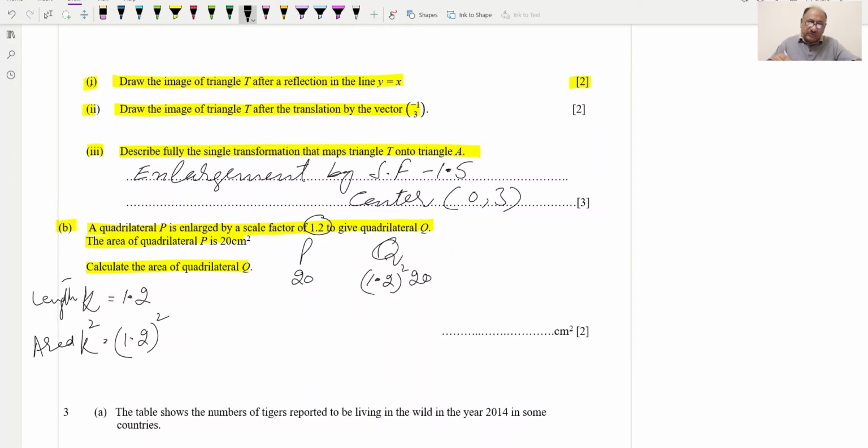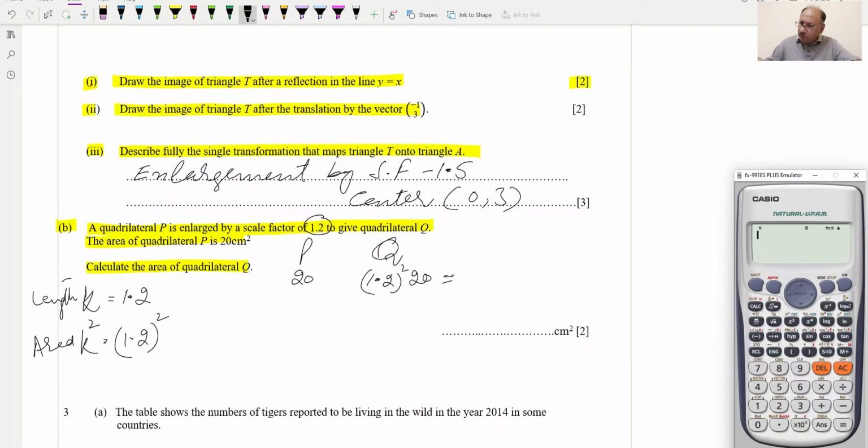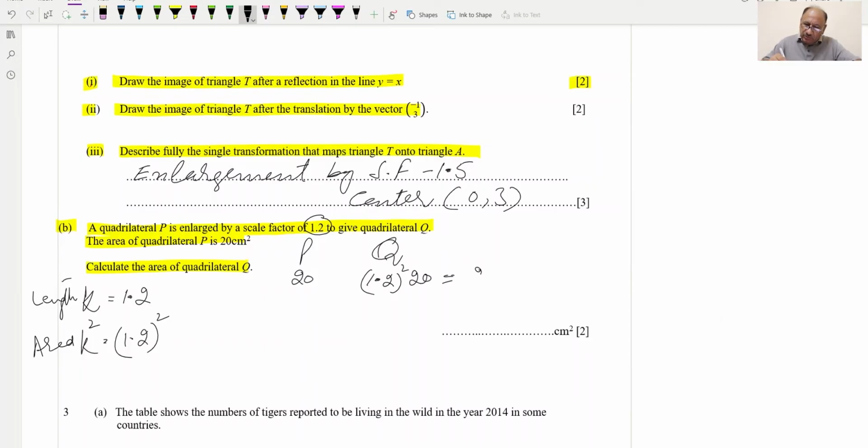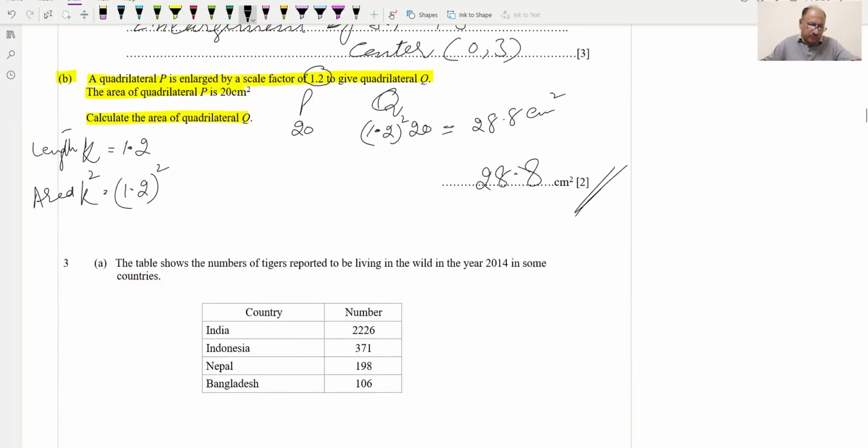So 1.2 squared multiplied by 20 is equal to 28.8 centimeter square, and we have provided the answer to this question.